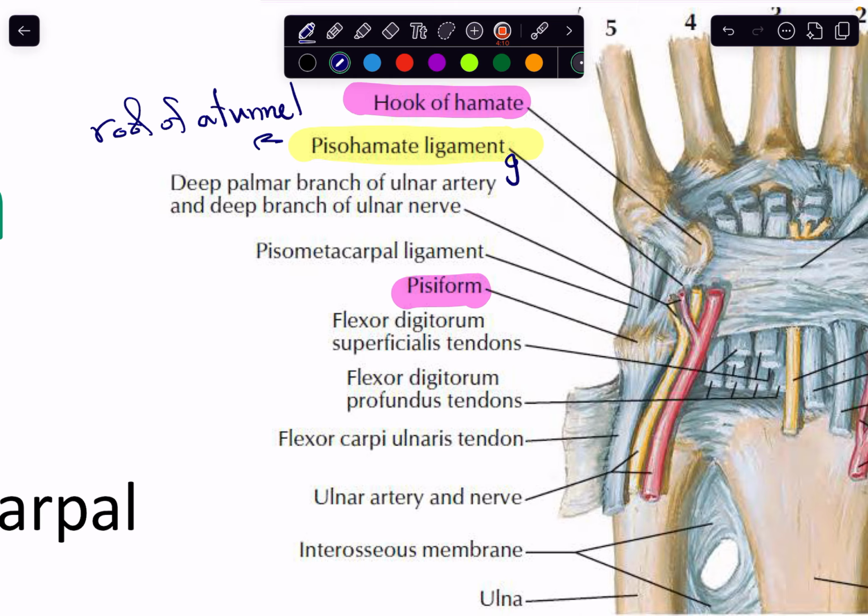G-U-Y-O-N, Guyon's tunnel. This tunnel is actually a gateway for the structures, particularly the ulnar nerve and ulnar artery, to enter into the hand. There is the ulnar side, little finger, ulnar nerve, ulnar artery.